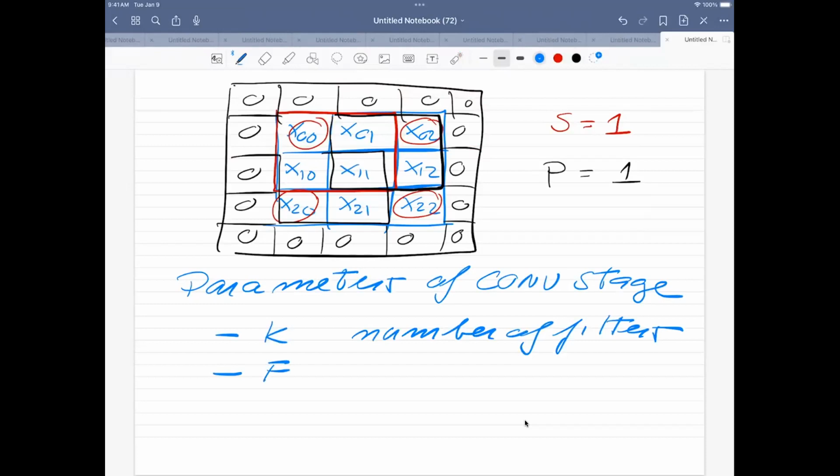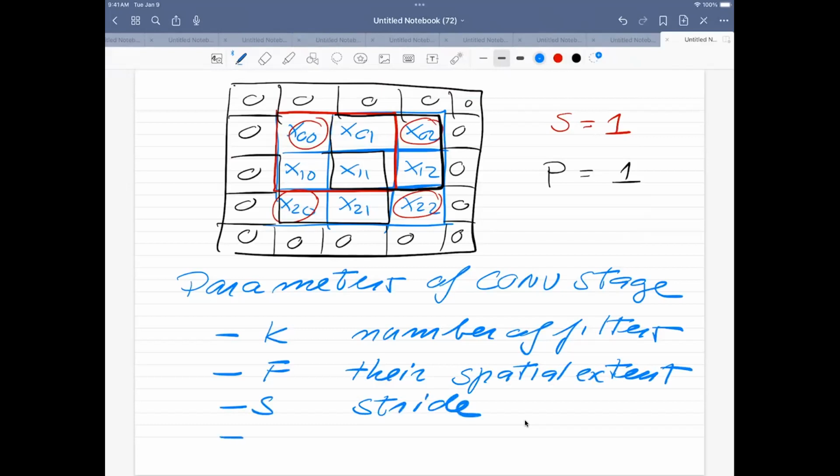Another parameter which I'm going to call F, which is their spatial extent. In our case, we had a 2 by 2 filter, which means that F is equal to 2. Then we have S, which is the stride. And then we have P, which is the amount of padding.